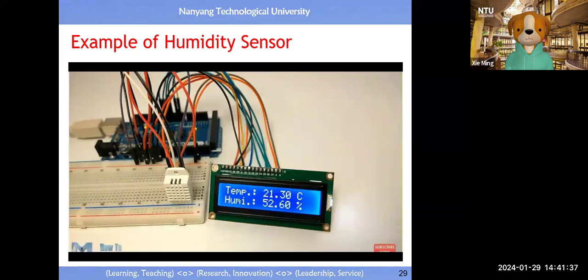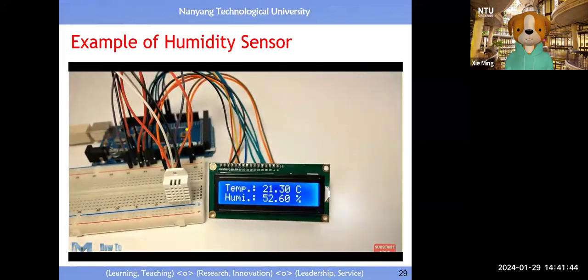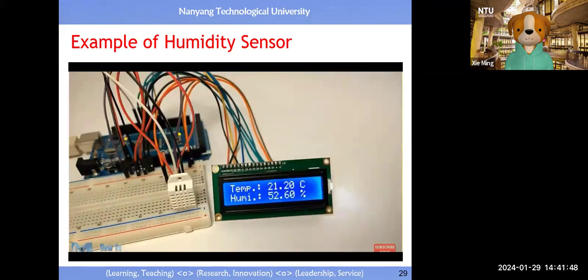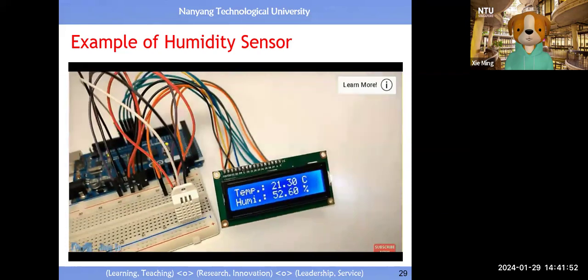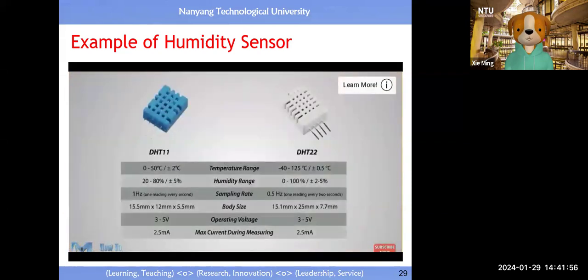From howmechatronics.com. In this Arduino tutorial, we will learn how to use the DHT11 and DHT22 sensors for measuring temperature and humidity in the Arduino board. These sensors are very popular for electronic hobbies because they are very cheap but still providing great performance. Here are the main specifications and differences between these two sensors.